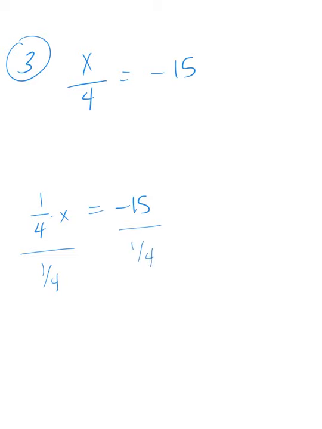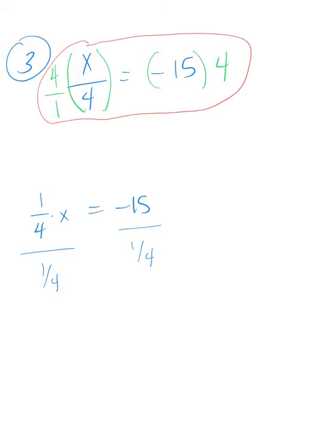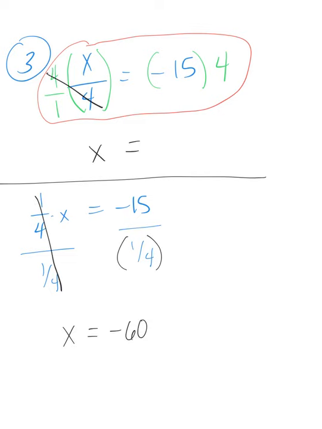Or you can know to multiply by the reciprocal on both sides. So, Lizzie, what did you get for the problem? Negative 15 divided by 1/4? Or you can say negative 15 times 4. Which way do you prefer?